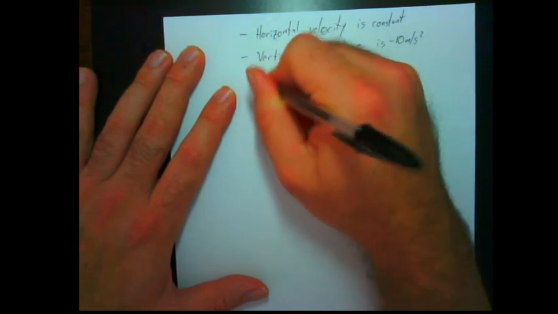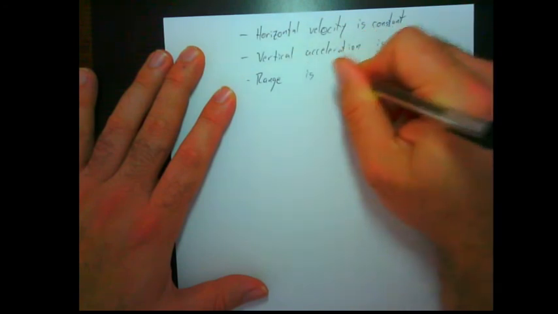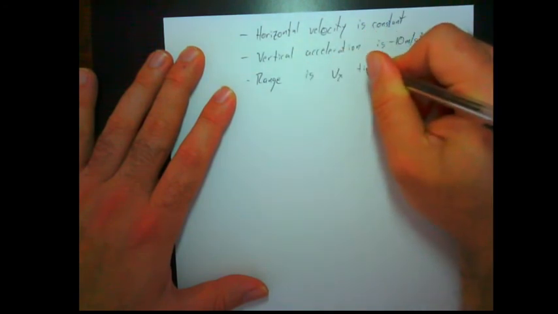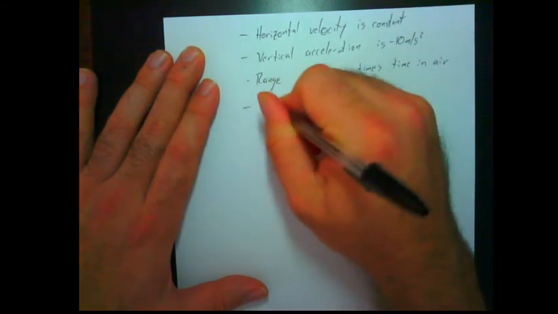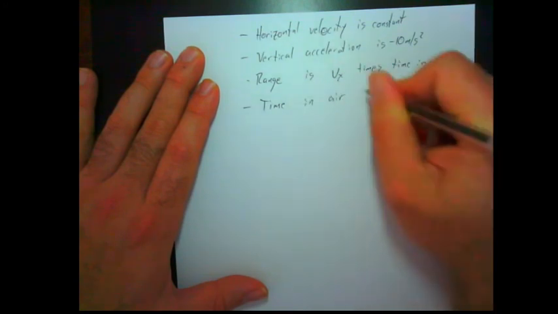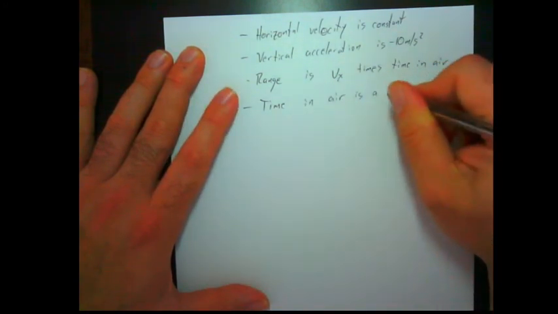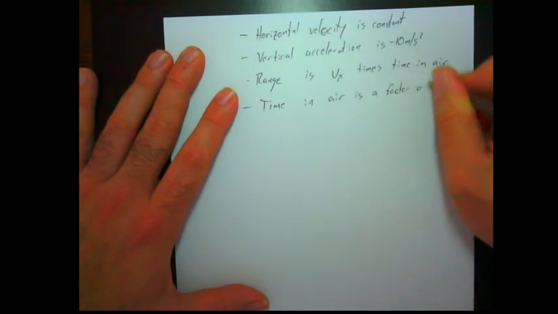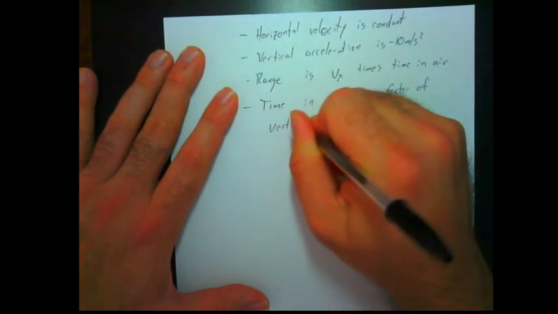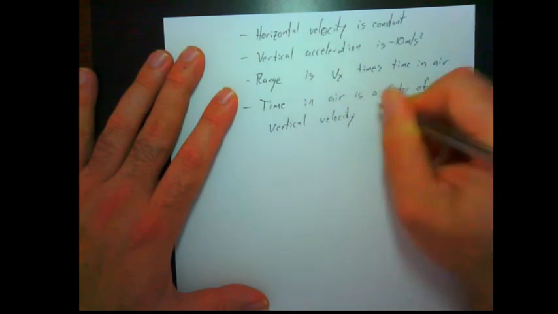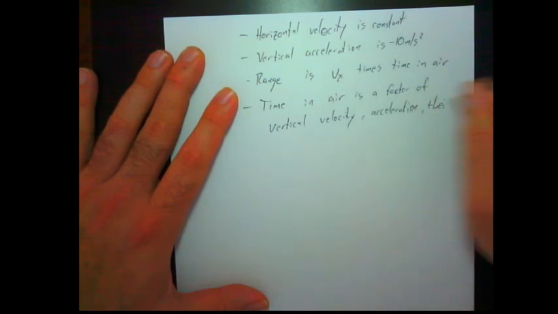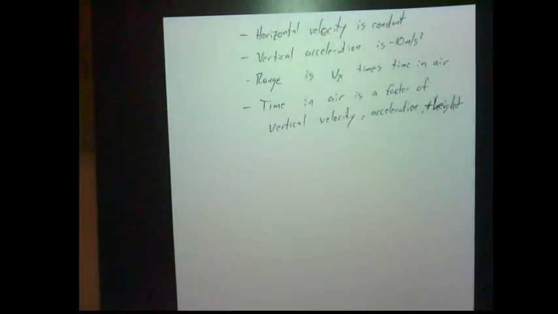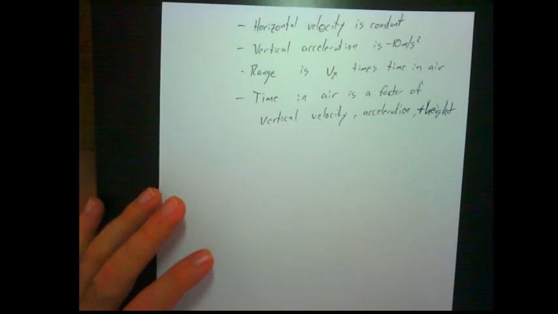We know that range is horizontal velocity times time in air. We know time in air is a factor of vertical velocity, acceleration, and height. Those are our basic understandings.